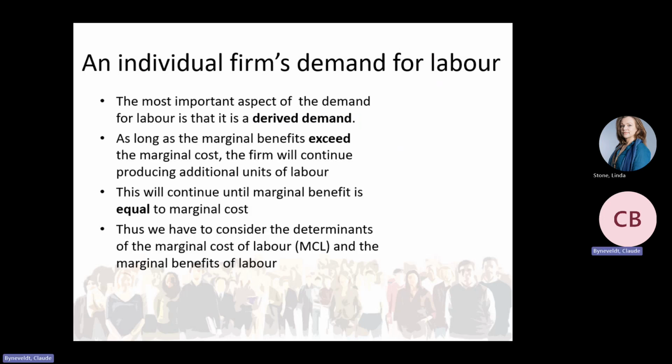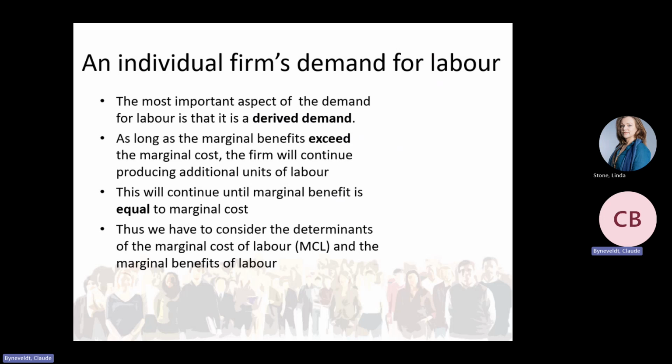Now, in terms of the individual firm's demand for labor, as long as the marginal benefit exceeds the marginal cost of labor, the firm will continue employing additional units of labor. These are new concepts. We know what marginal is. Marginal means additional. You have dealt with marginal in terms of marginal utility.